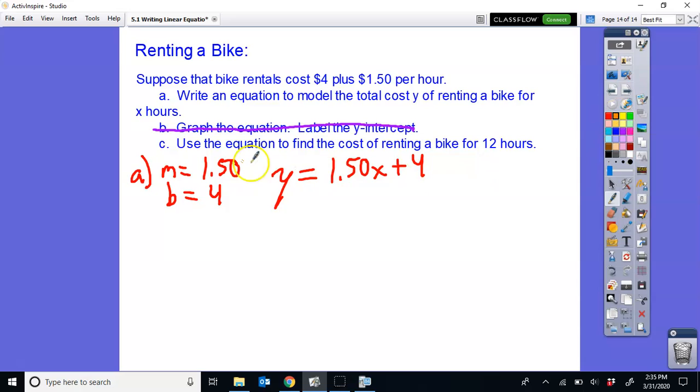Part C, since we skipped over B, use the equation to find the cost of renting a bike for 12 hours. So again, $1.50 per hour, so $1.50 for 12 plus 4. Notice this one is different than the example with the telephone call because the $4 doesn't get you any time. That just gets you the bike. The $1.50 is how much I pay for each hour. So $1.50 times 12 plus 4.